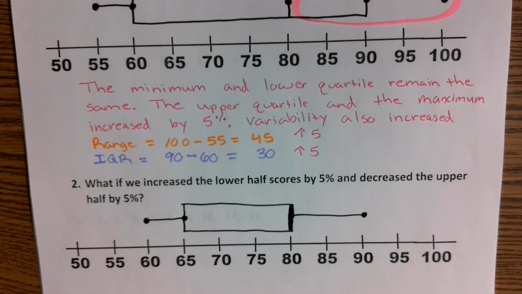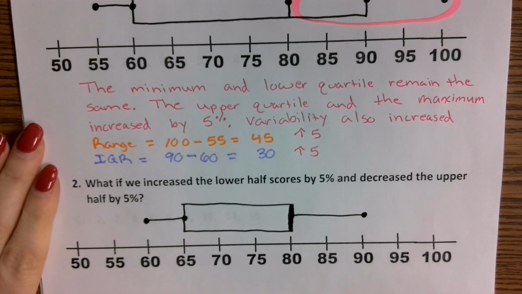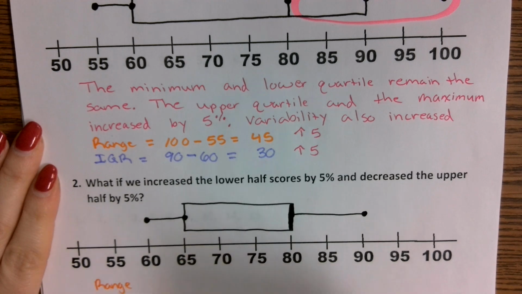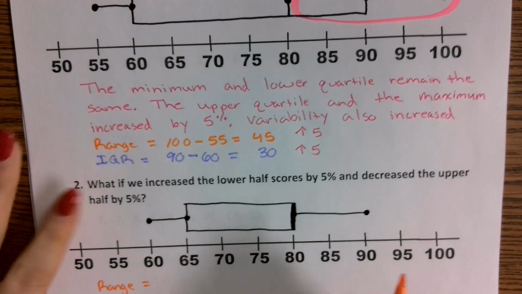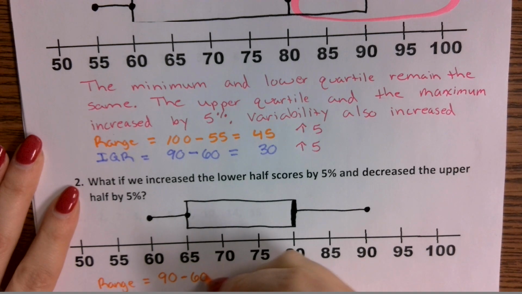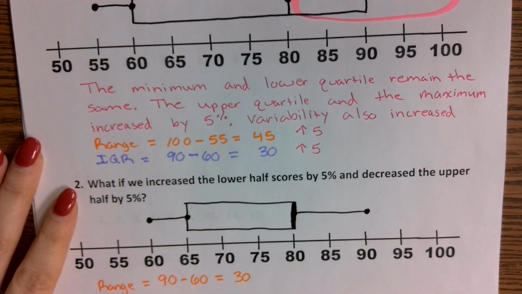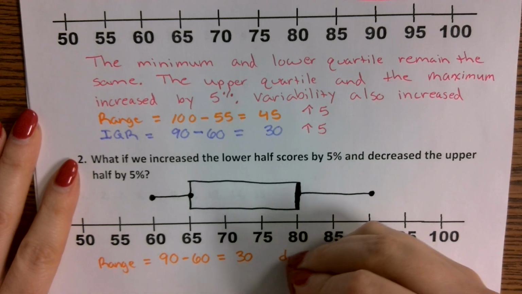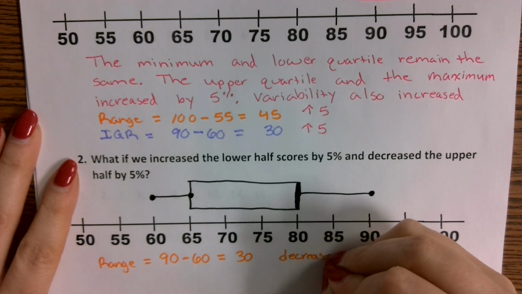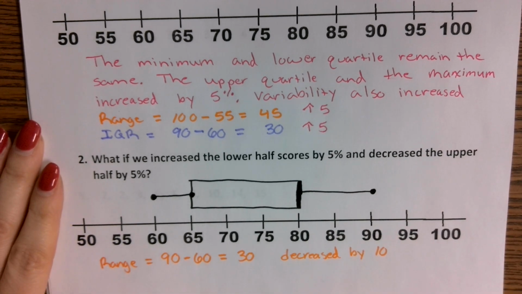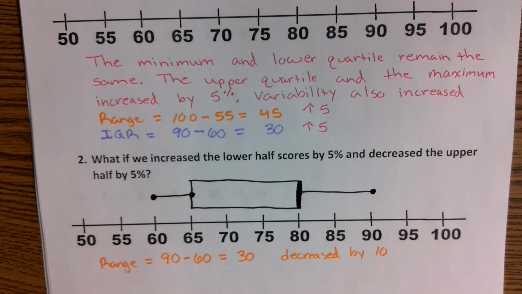It got smaller, right? If we take a look, the range in this case is now 90 minus 60. 90 minus 60 is going to give us 30. Okay, so this was a decrease. It decreased by 10.